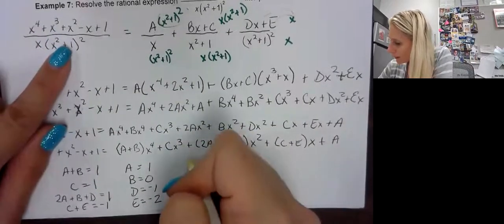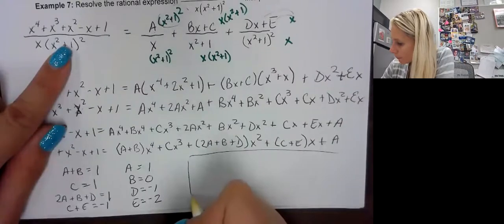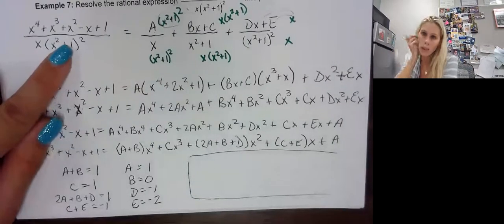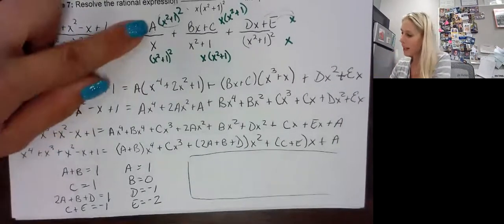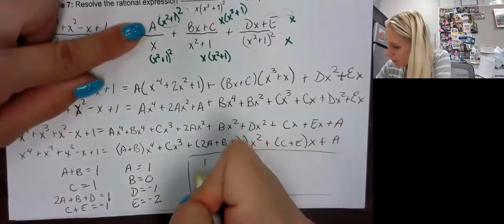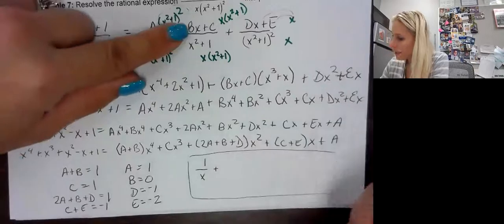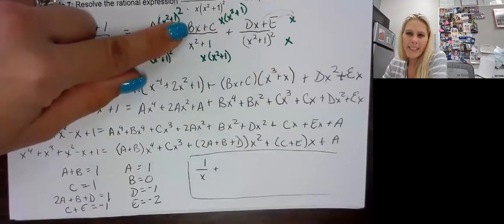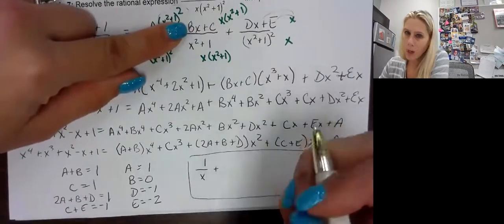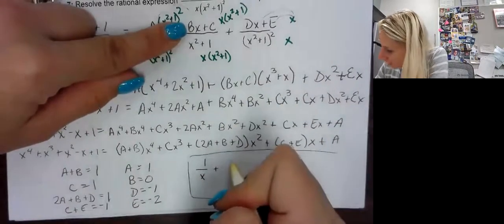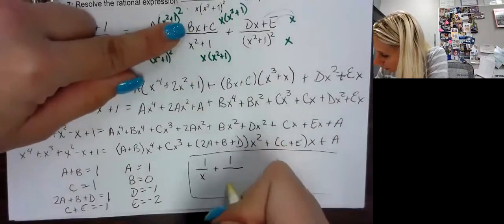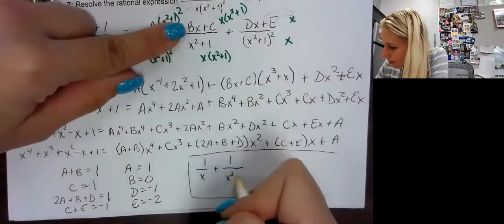So what this equals, and just to save me some room, guys, I'm not going to write the question itself out this time. a is what value? a is 1, and that's over x, plus b is 0. Now, do I have to say 0x? No, I can just say plus c, which is 1, all over x squared plus 1.